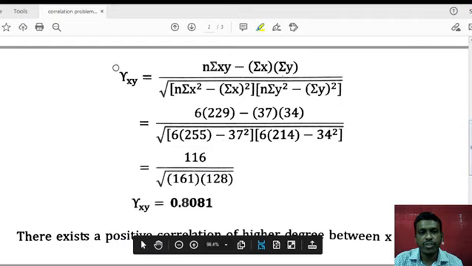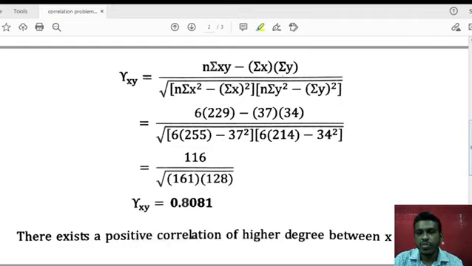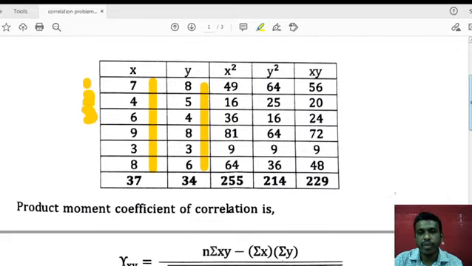The formula is this way. Whenever you need to apply Karl Pearson's coefficient of correlation, you have to find out x squared, that is, the square of each value. 7 into 7, 49. 4 into 4, 16. 6 into 6, 36. 9 into 9, 81. 3 into 3, 9. 8 into 8, 64. So you get all the x square values.